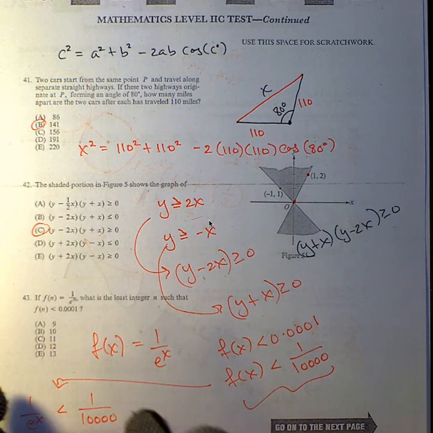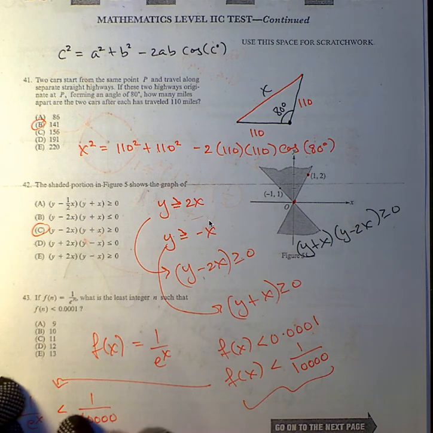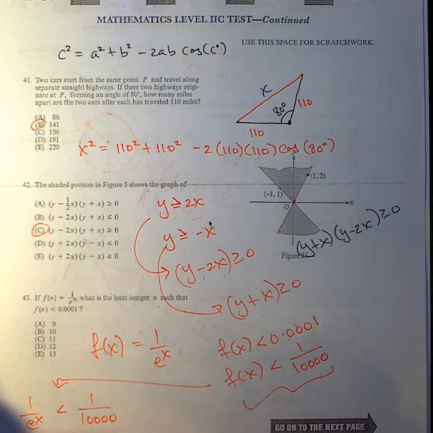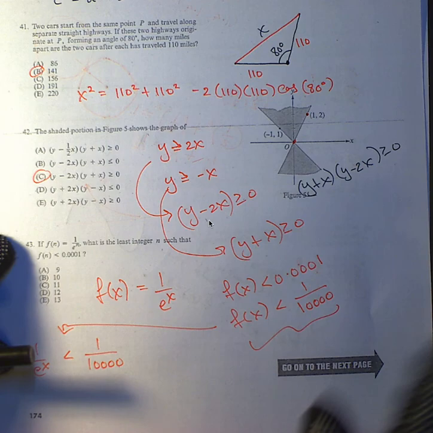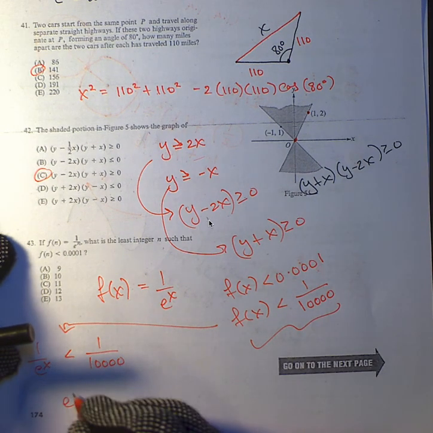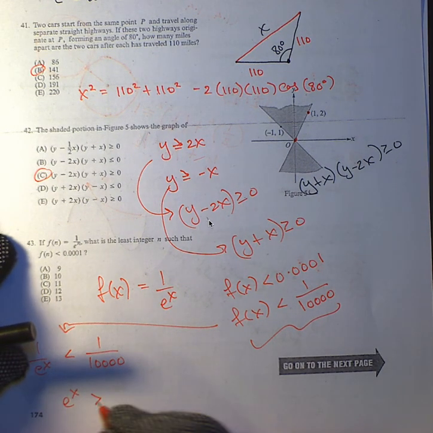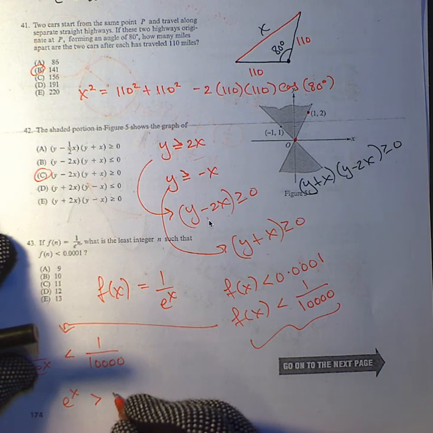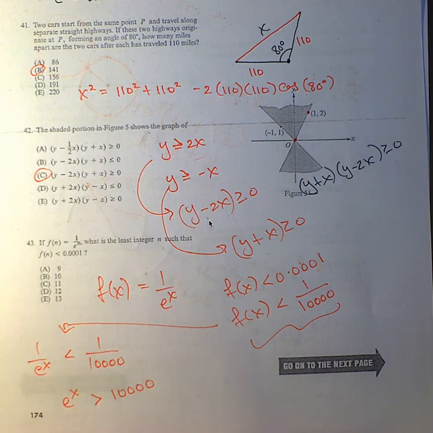Now, if you've got two fractions and an inequality, you can flip them both, but you have to change the direction of the inequality. So we could write that e to the x is greater than 10,000. This is what we're trying to solve for.